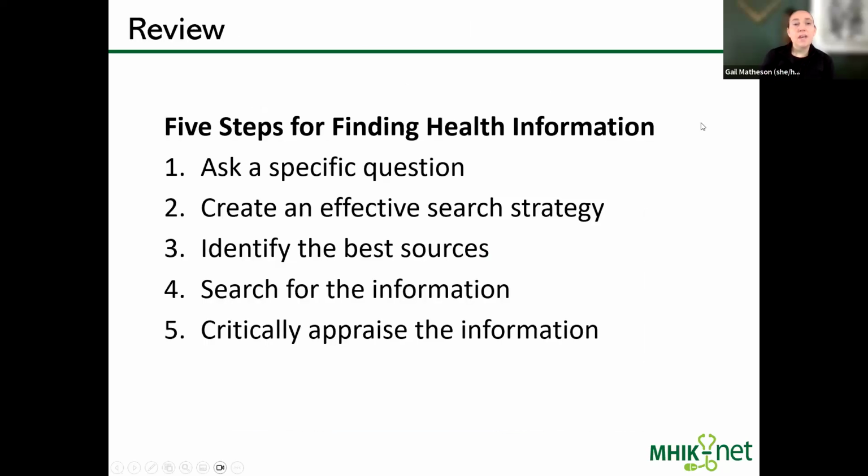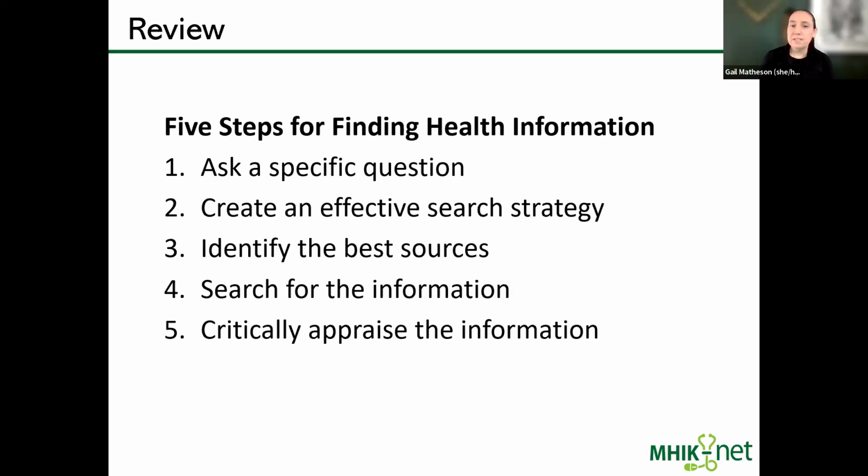But in review, the 5 steps for finding health information. Number 1, make sure you're asking a specific question, using that method to help you flush out what it is that you're really looking for. Then 2, create an effective search strategy.